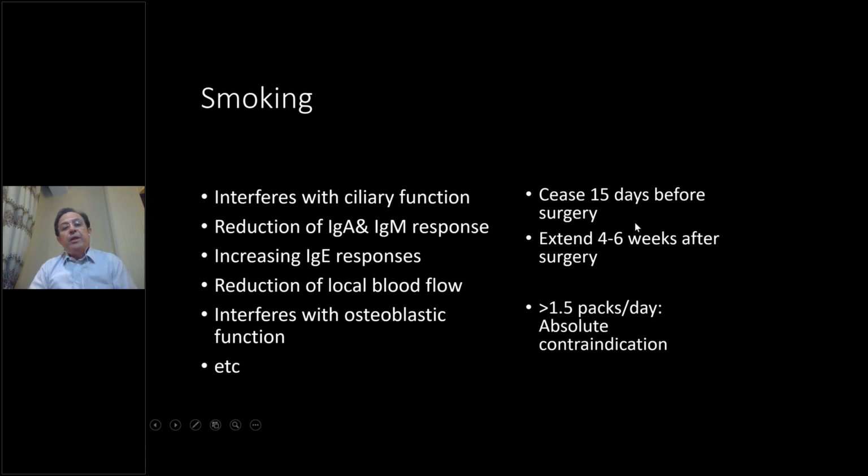So if the patient wants to have a sinus graft, they must stop 15 days before surgery and extend 4 to 6 weeks after the surgery. And we have an absolute contraindication of the sinus graft for the heavy smoker who uses more than 1.5 packs per day.